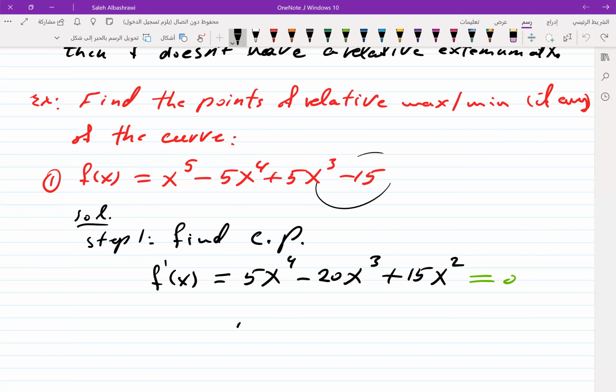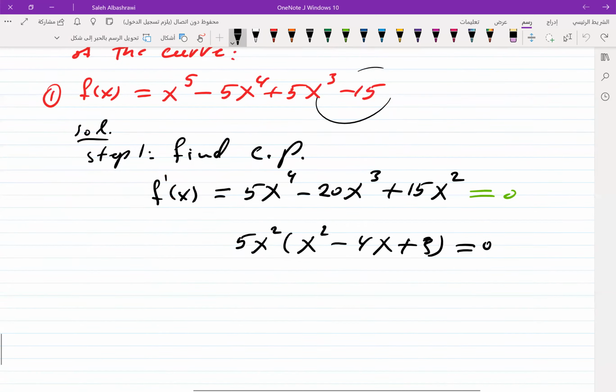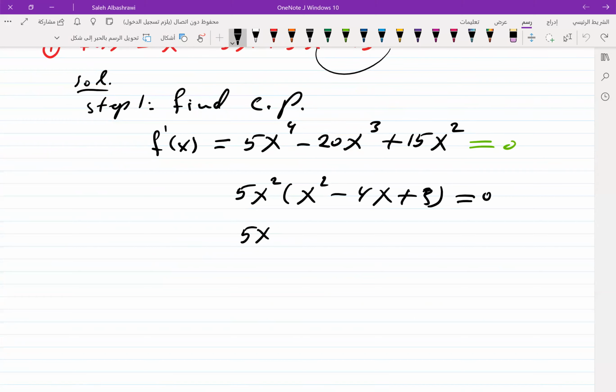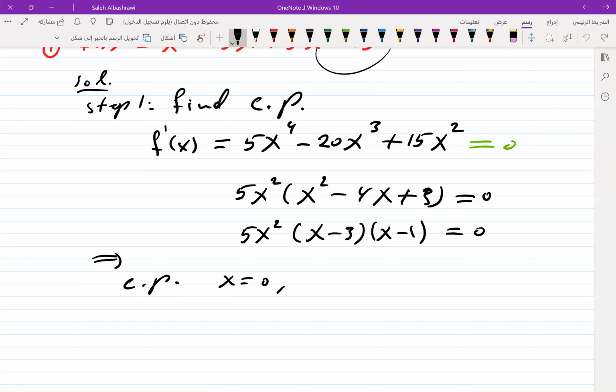I will take 5x squared as a common factor. Then I will have x squared minus 4x plus 3 equal to 0. By factoring, it is 5x squared multiplied by x minus 3 multiplied by x minus 1 equal to 0. This means the critical points will be x equal to 0, x equal to 3, and x equal to 1. These are the critical points.